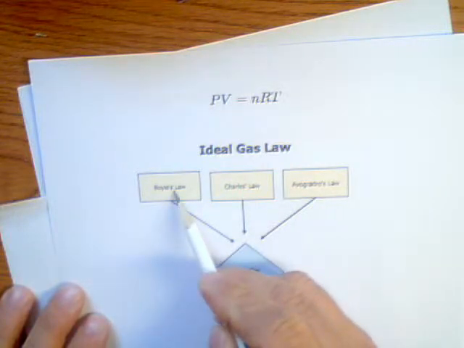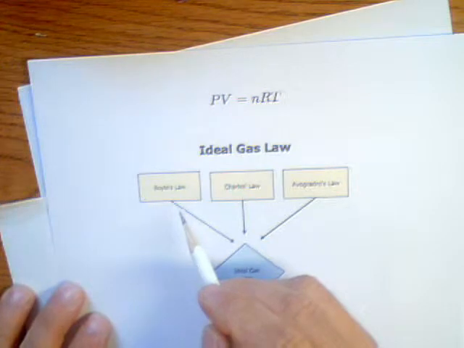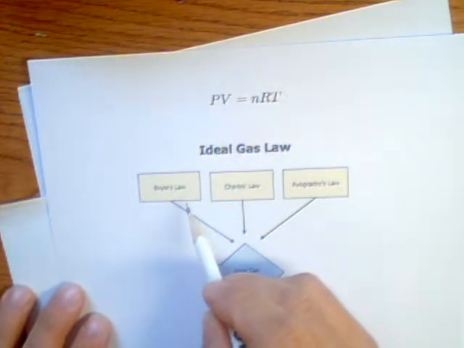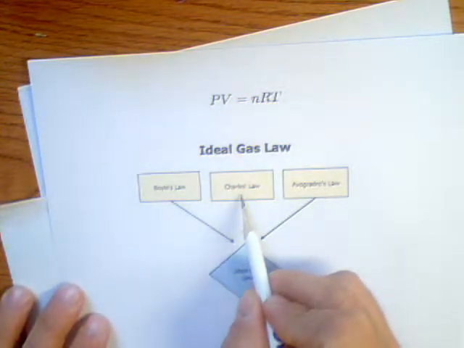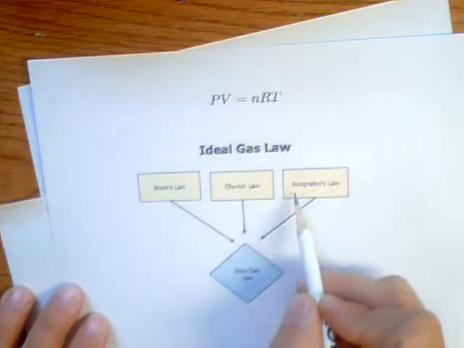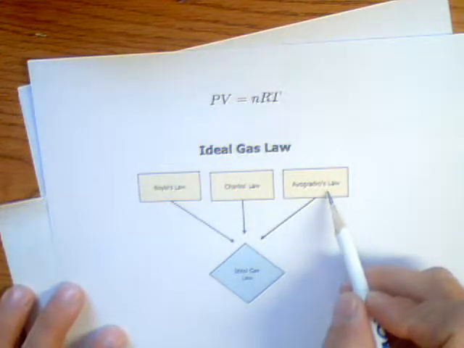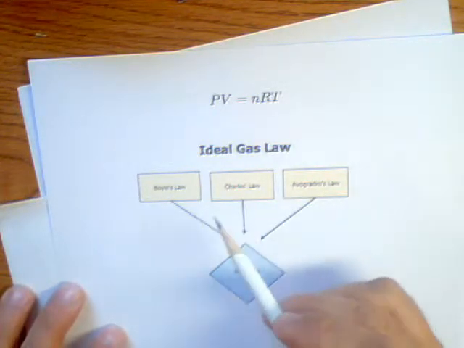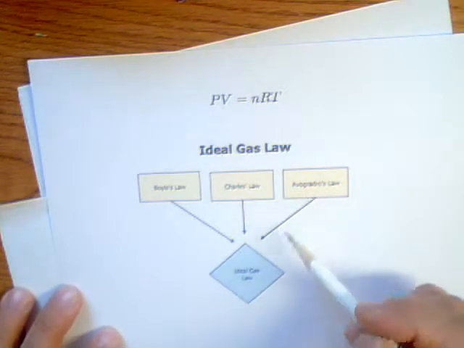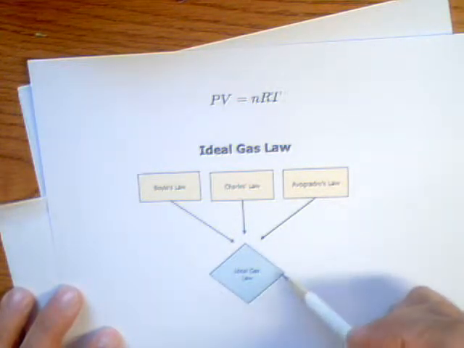So it's Charles' law. That's part of the ideal gas law. It's Boyle's law. Boyle's law, if you recall, is P is inversely proportional to V. Charles' law is V is directly proportional to T. Avogadro's law is V is directly proportional to the number of moles. So we understand these individually, and then we bring them all together for the ideal gas law.